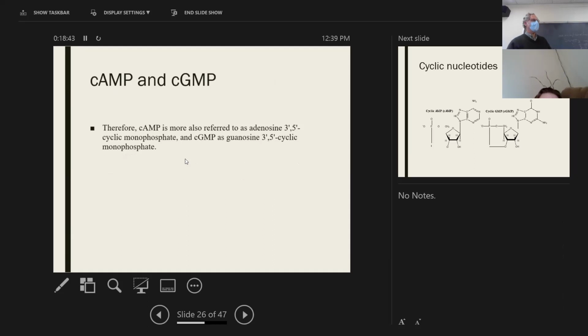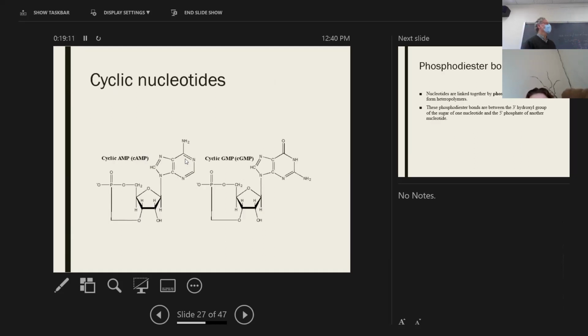Cyclic AMP is an abbreviation for adenosine 3',5' cyclic monophosphate. Cyclic GMP is shorthand for guanosine 3',5' cyclic monophosphate. And the structure of these is really pretty simple.